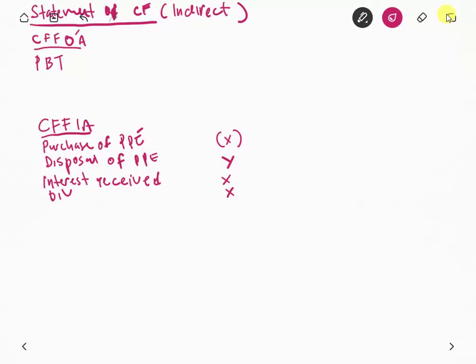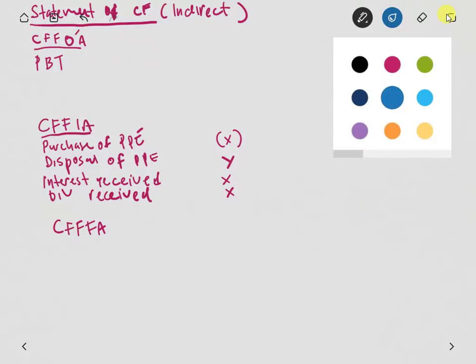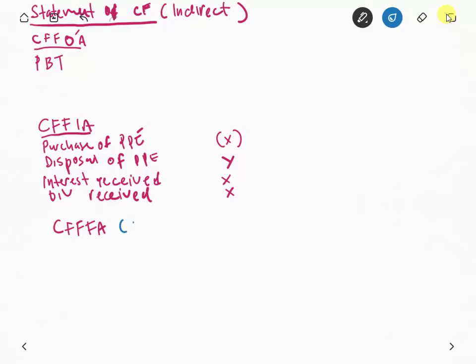What is after investing? OIF. Cash flow from financing activities. Financing means we need money, we need financing. Business needs financing. Their financing is either equity financing or debt financing.